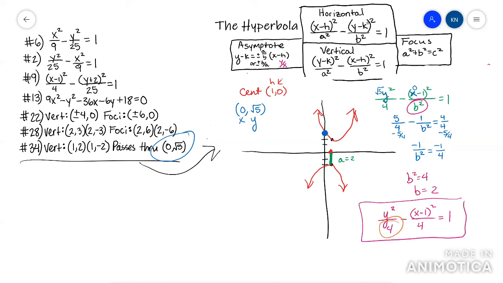So this one would be a over b, but it wouldn't matter because they're the same number. It'd be y minus k equals plus minus a over b, don't forget your plus minus, (x minus h). So y equals plus minus 1 (x minus 1). And that's this equation.